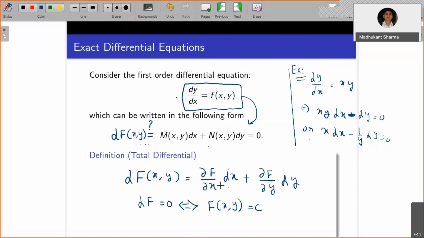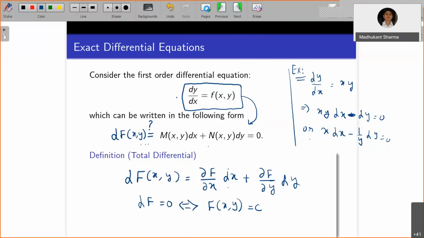Now, how can you relate the total differential and this differential equation? As I already mentioned, if the left hand side of this form can be written in this way for some capital F, then this left side expression is called an exact differential.